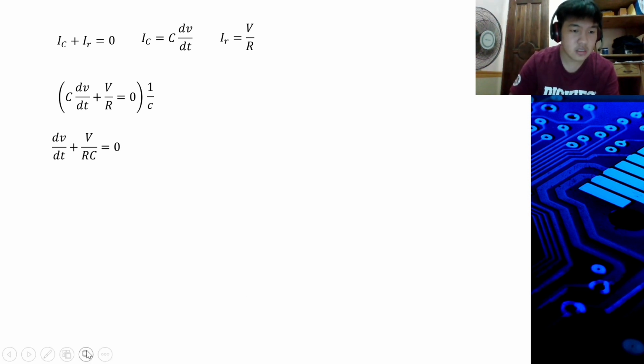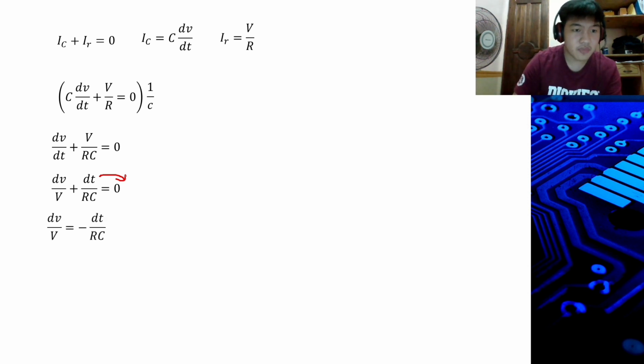This is a first order differential equation. You can solve this using separation of variables. Applying separable variables, we get dV over V plus dt over RC, which we can transpose to get dV over V is equal to negative dt over RC.